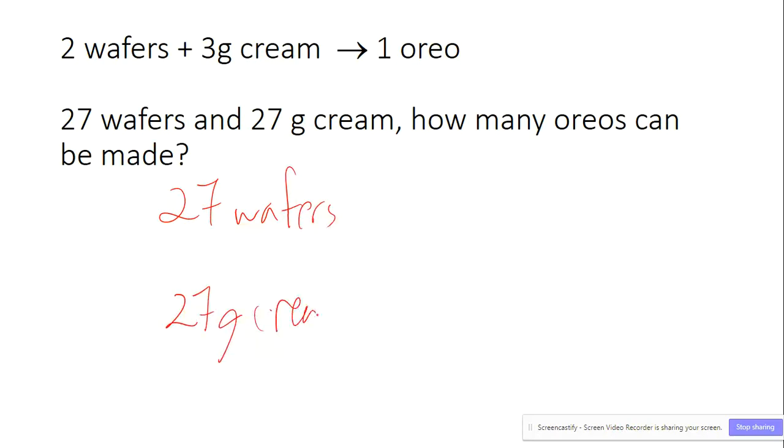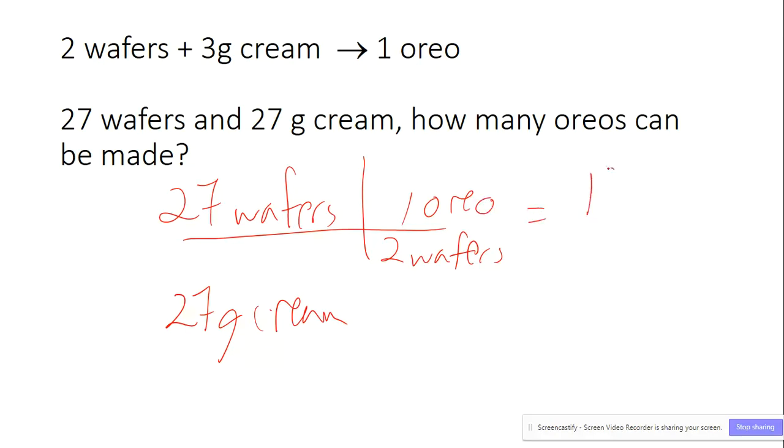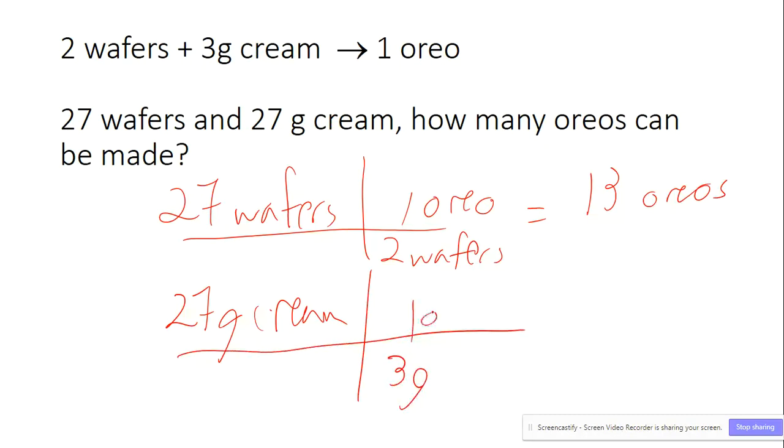You can figure out how many Oreos you can make. In fact, you don't even need to do math because you'll probably very quickly realize that 27 wafers, because there's 2 wafers in an Oreo, will give you 13.5, or basically 13 Oreos, because you can't really have half an Oreo. And the 27 grams of cream, because there's 3 grams of cream in one Oreo, will give you 9 Oreos.